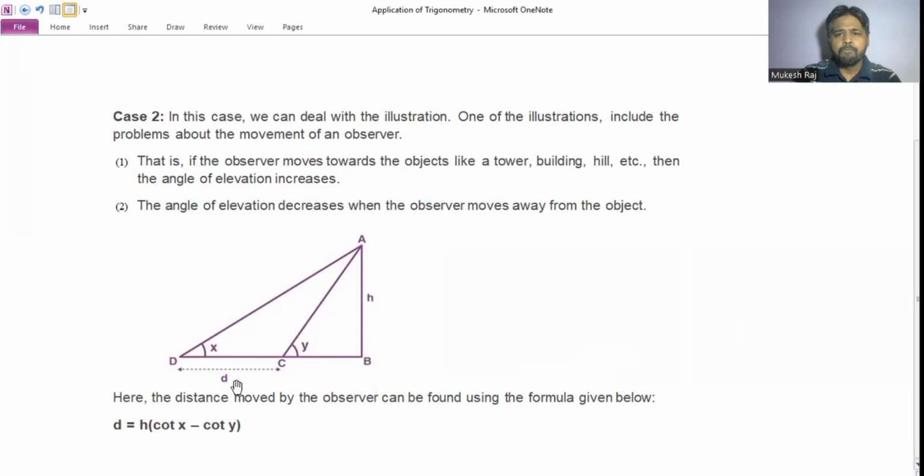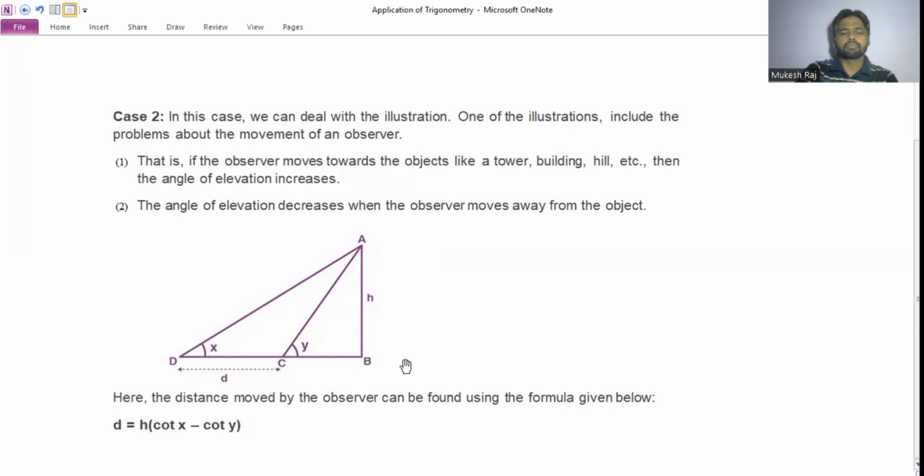The point to take into consideration is that whenever the observer moves away from the point B, the angle of elevation always decreases as it moves far away. The angle of elevation will keep decreasing, and a moment will come when it becomes exactly 0, equal to the line DB.